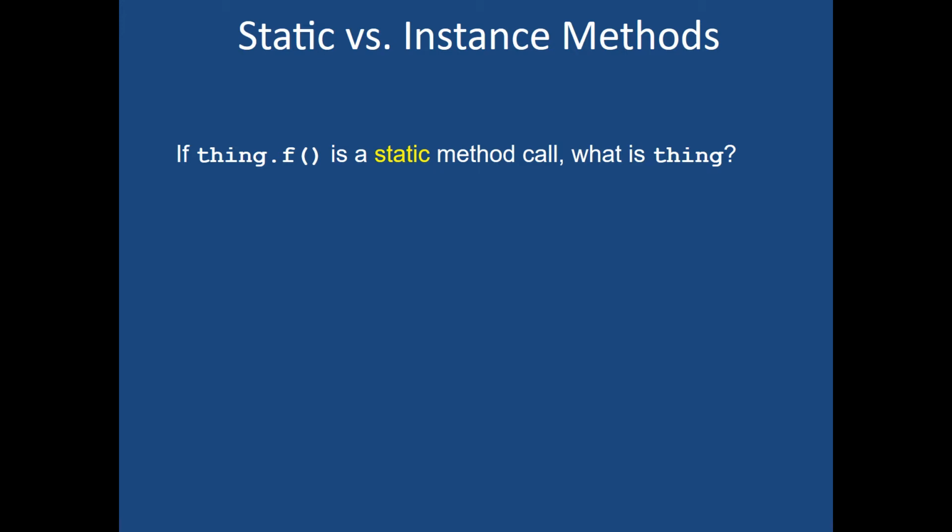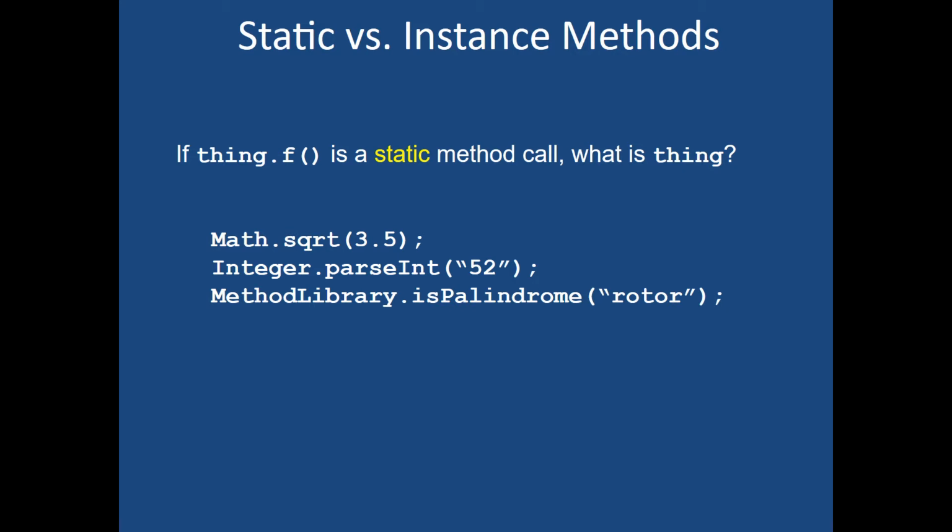Class. Right, it has to be the name of a class. So it might be Math.squareRoot. Math is a class, square root is a static method in the Math class. Integer.parseInt. parseInt is a method, Integer is the class that it belongs to. Method library dot isPalindrome. Class and method. So you're very familiar with that for most of the semester, static method call.